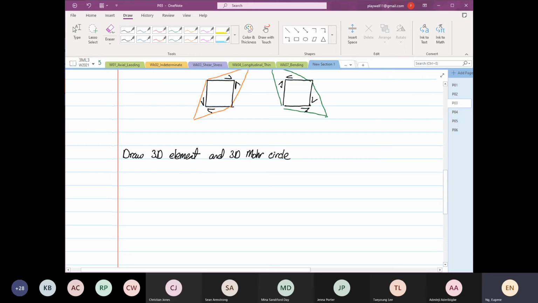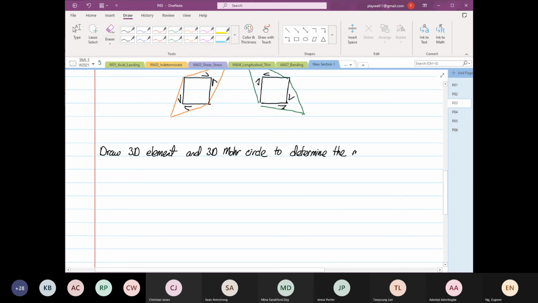Why are we doing this? To determine the maximum diameter of the Mohr's circle, of the 3D Mohr's circle.